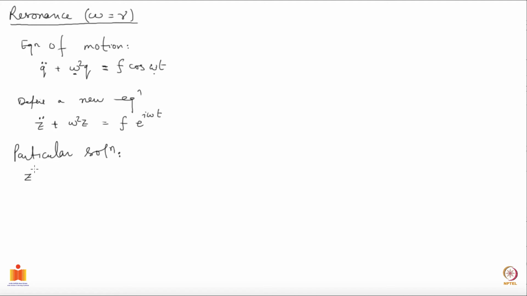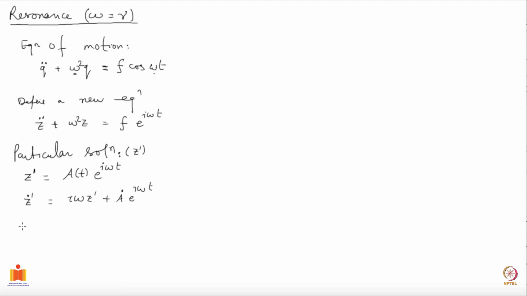Let's try a solution of this form. I denote the particular solution by z prime. Let's say the particular solution z prime is some function of t, a of t, times e to the i omega t. Let me try this one out. You can check that z prime dot is i omega z prime plus a dot e to the i omega t.